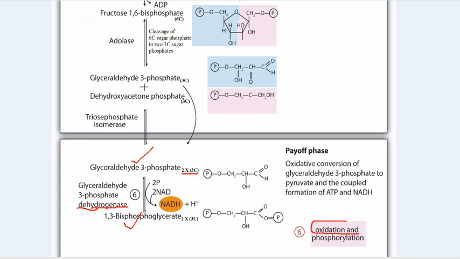Photosynthesis was the job of reduction. This is respiration. This is the job of oxidation. As well as we are adding phosphate. So phosphorylation. Oxidation and phosphorylation, both things are going on in the 6th process. Now let us see the 6th process in a different window.